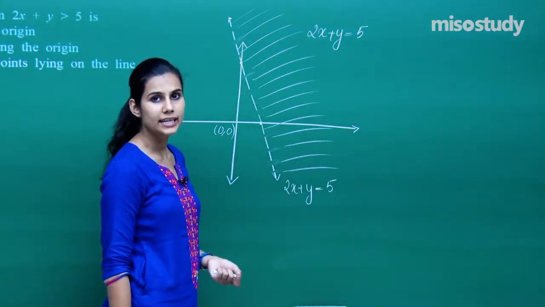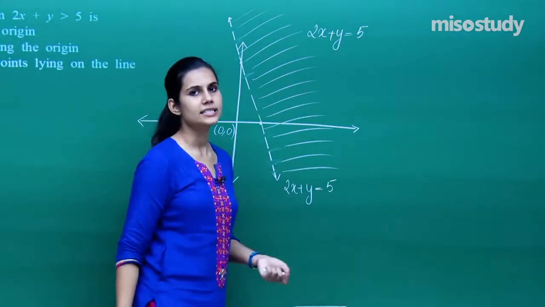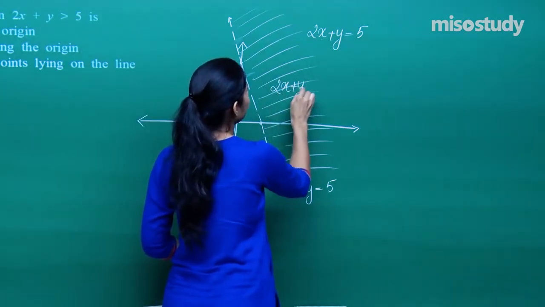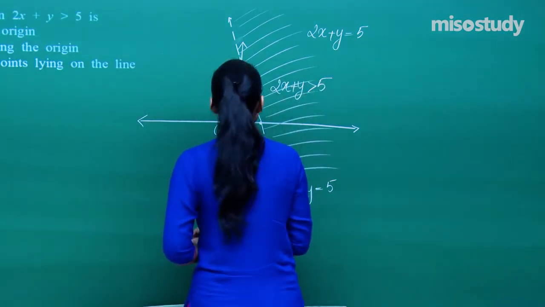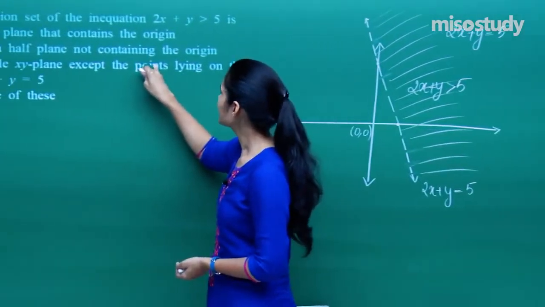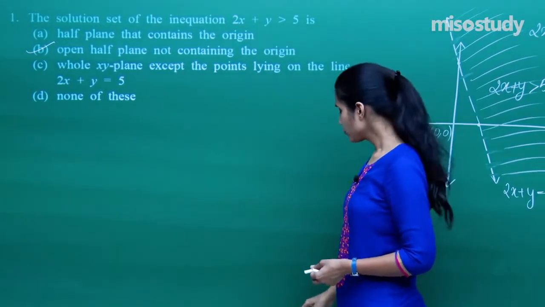I want strictly greater than 5. So exclude this line, and the region on the other side is the required region. This is 2x plus y strictly greater than 5. So the region is actually an open half plane not containing the origin. Clear? Let's move on to the next question.